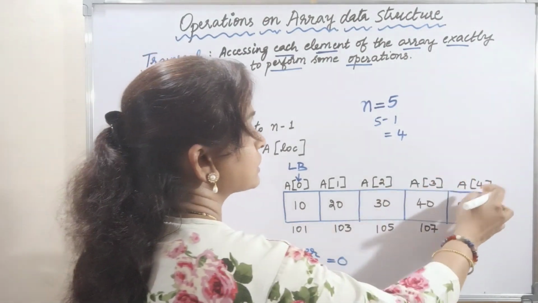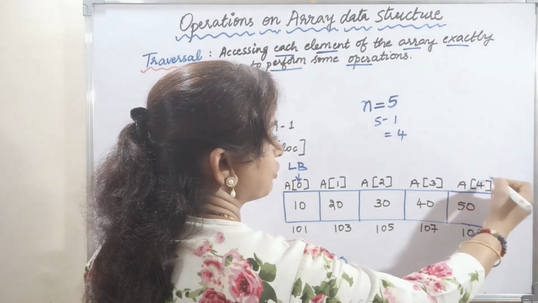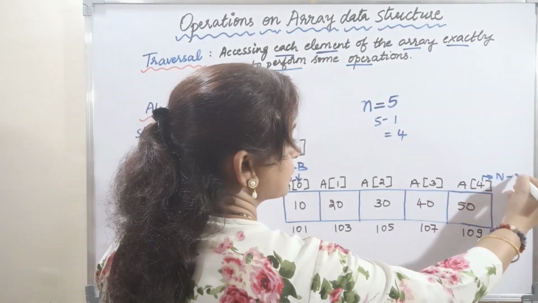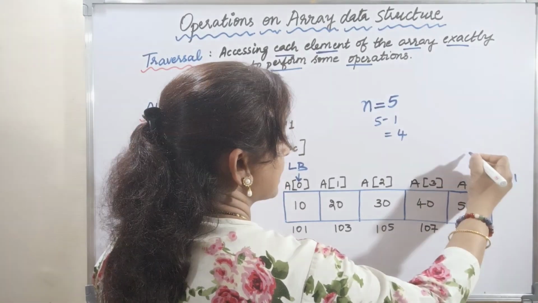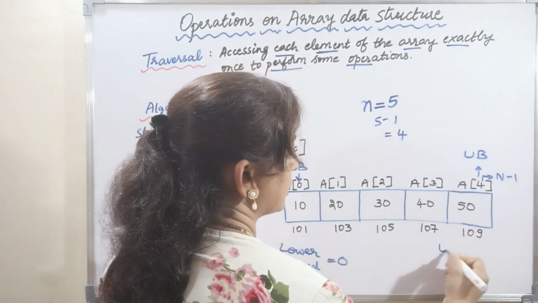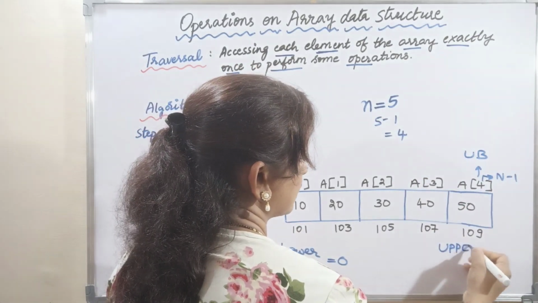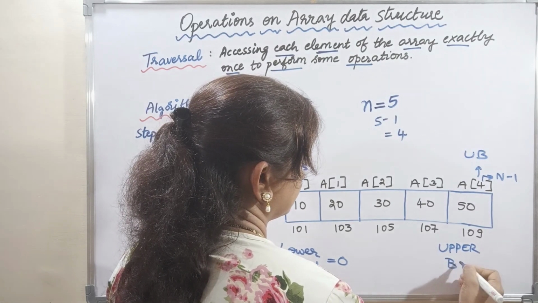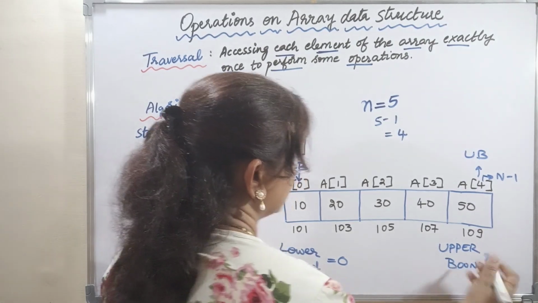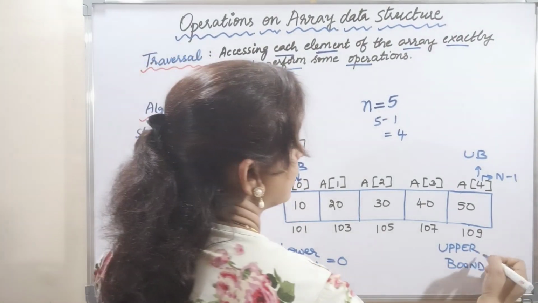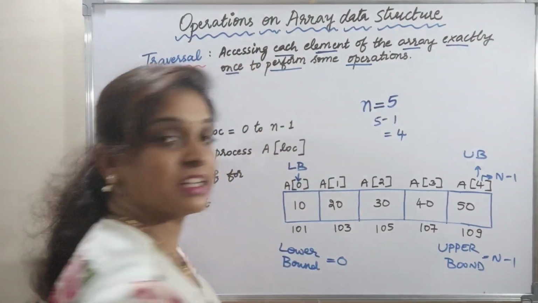And this n minus 1 value, we call the upper bound. Lower bound and upper bound. Upper bound is always n minus 1.